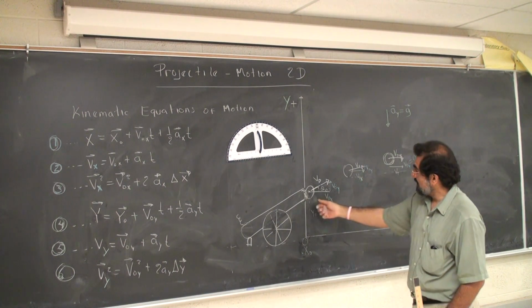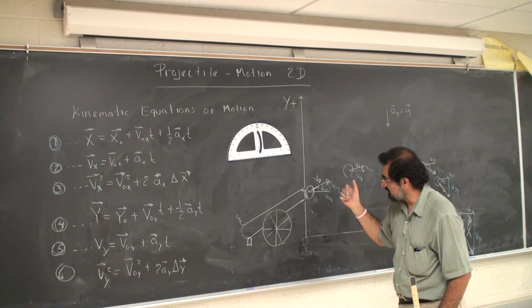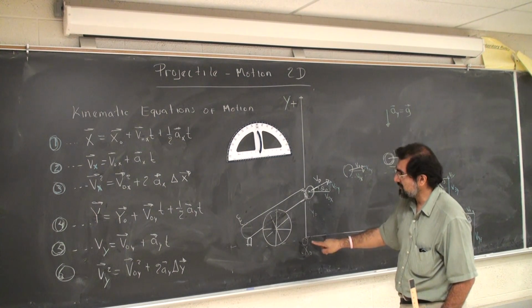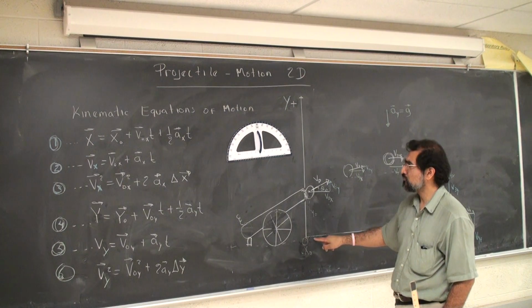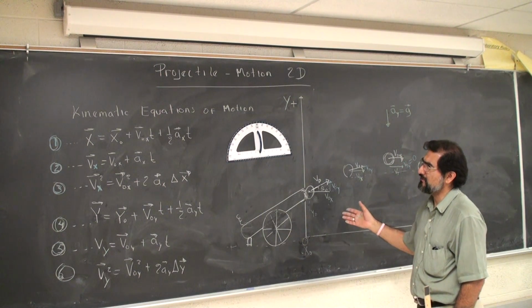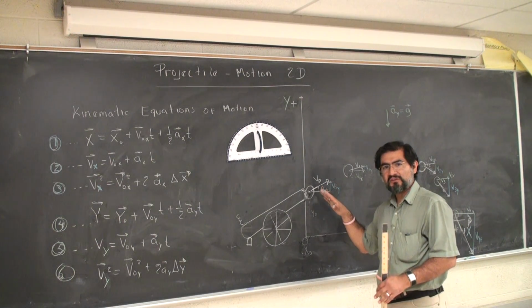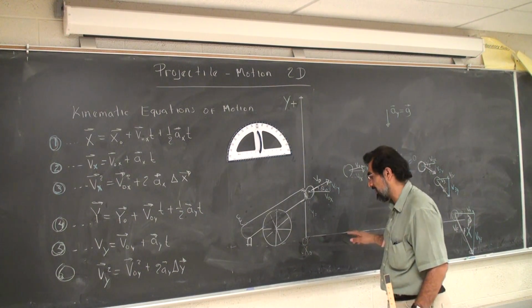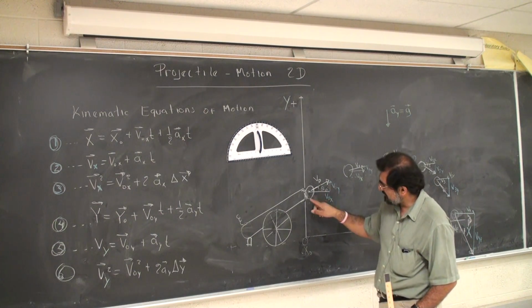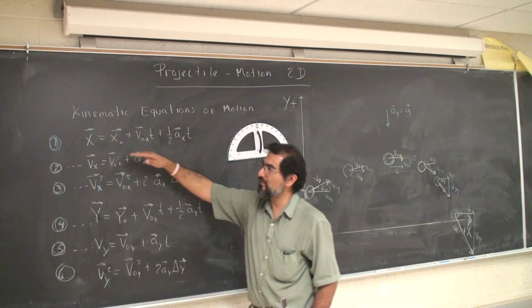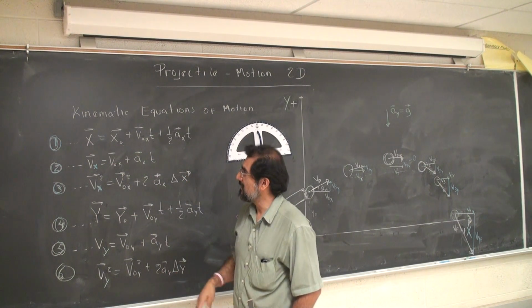Let's see. If we perfectly synchronize our clock, the time at this moment is going to be time 0. And the position and velocity are going to be 0. Let's only try to see the position in the horizontal x at this very instant. Let's always try one equation at a time.